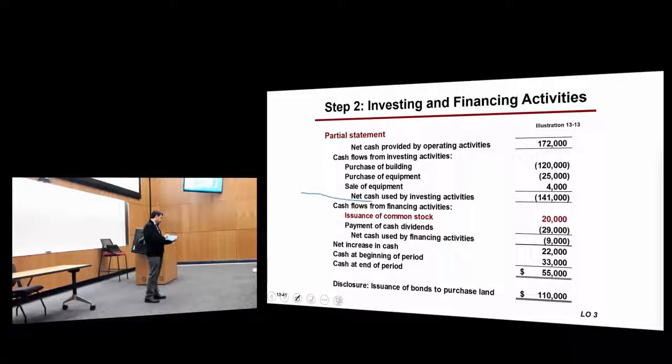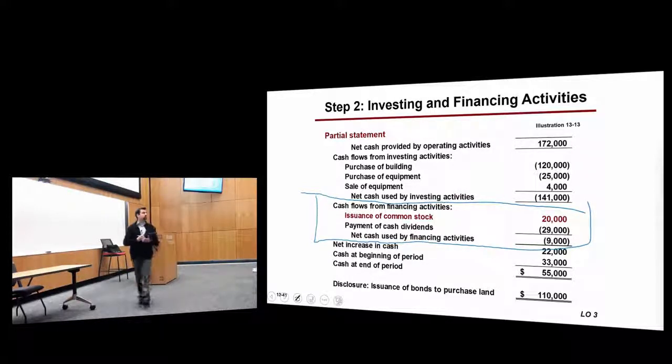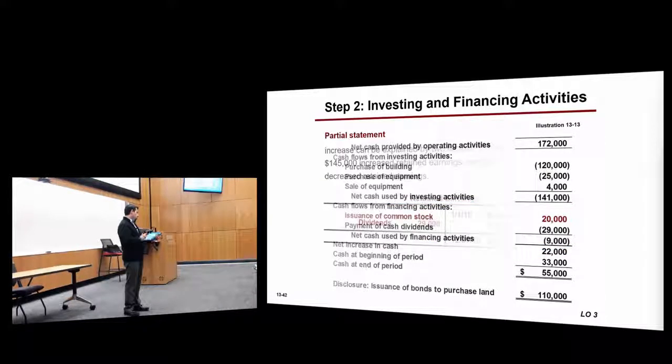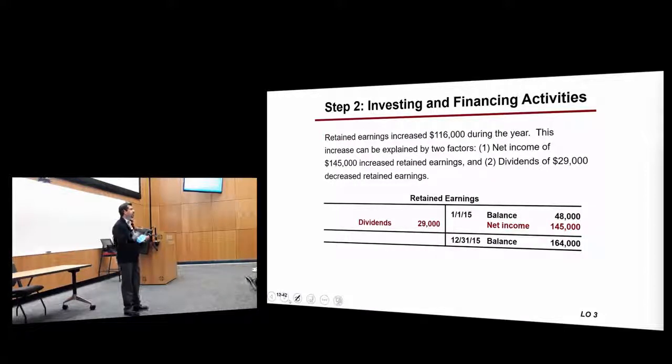Now we're looking at the financing activities section. We have stock issued for 20,000. This is a cash inflow. And the company earned retained earnings. This is from the comparative balance sheet. There was a change in retained earnings of 116,000. Now, this is coming from net income of 145,000.